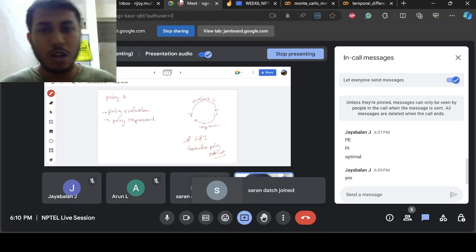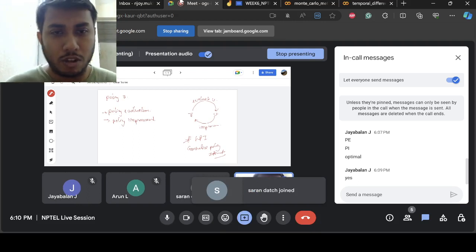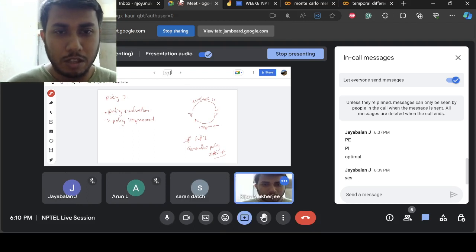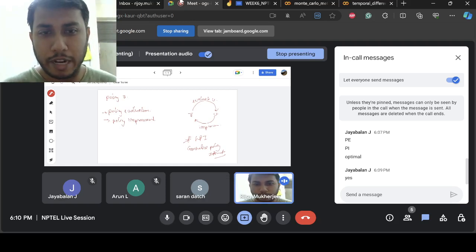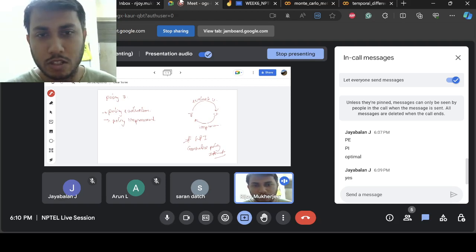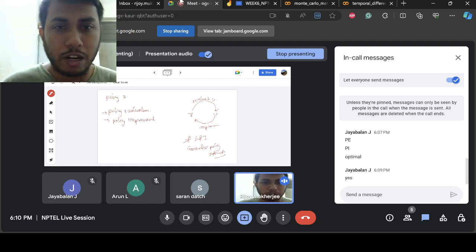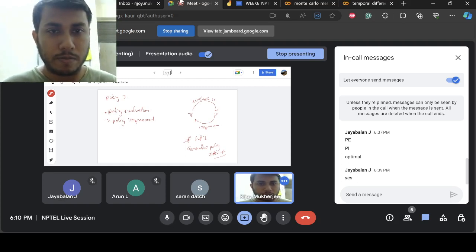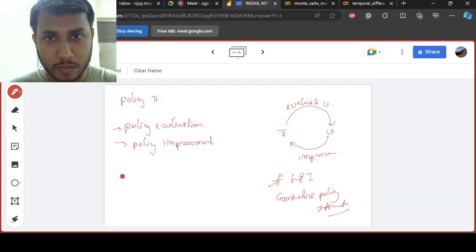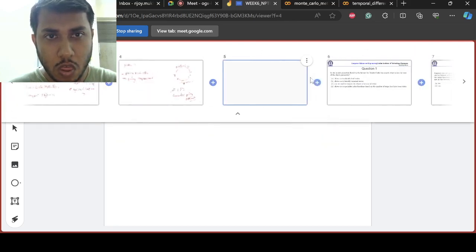You are finding a pattern. You can choose your preferred algorithm, be it DP, temporal difference, or Monte Carlo. Now, what were we trying to do in DP? Let's first revise what we did in DP.